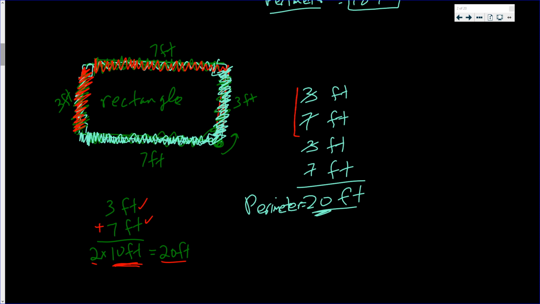Notice that I'm just adding this to itself. If I know that this is 10 feet, well, then this is also 10 feet. And when I add them, it's the same as 2 times 10 feet. So you just add a little bit less, that's all.